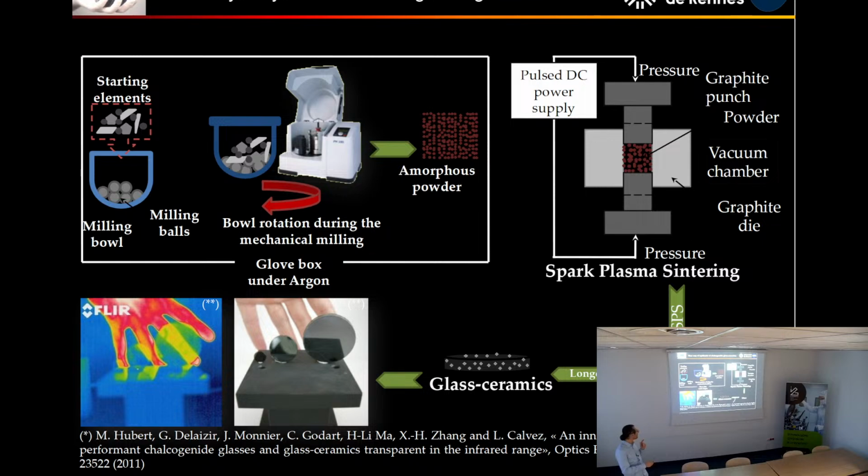Sometimes heat treatment is also done in order to increase the mechanical property of the glass. And you have an example here of 3 chalcogenide bulk glasses made by these techniques. So there is no heat treatment at high temperature, and there is no need of silica crucible.